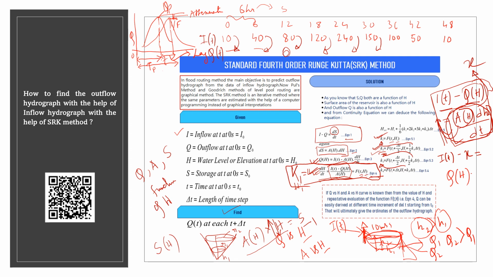So you will get a new H. Hi plus 1 means a new H you will get, nothing else. New H, that means the new water elevation. Now as you have the graph, or the relationship curve, between Q versus H and A versus H, and now you have got a new H.